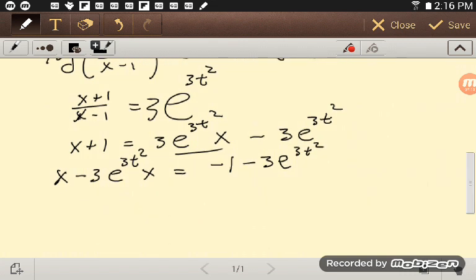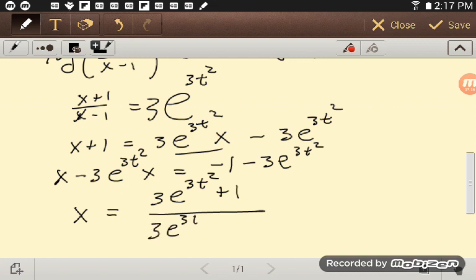And so solving for x, I get x equals, well, there's a negative here, so I think I'm going to write this as 3e to the 3t squared plus 1. So I took that negative out of there, and so on the bottom I'll have 3e to the 3t squared minus 1. And so there is my solution.